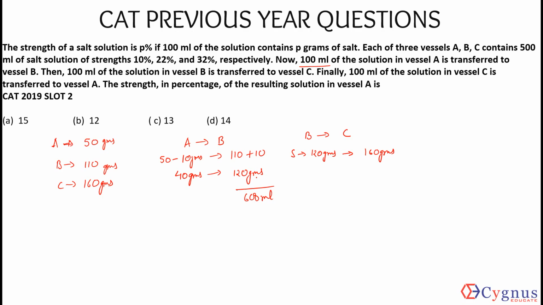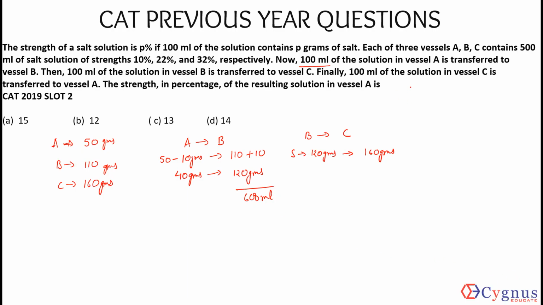Now you're going to transfer 100 ml from B to C. That 100 ml will have how much salt and how much of the remaining part? Look at this. Salt in B is 120 grams out of 600, which is 1 by 5.